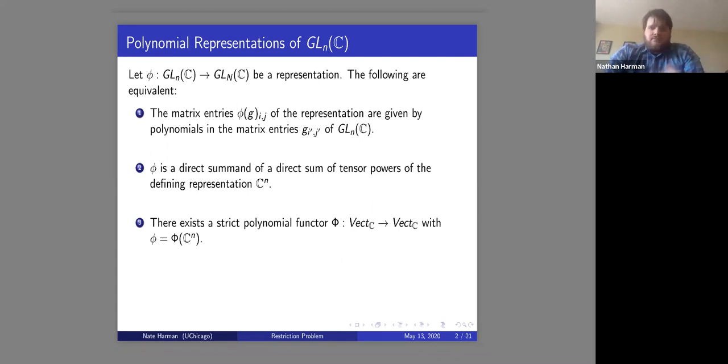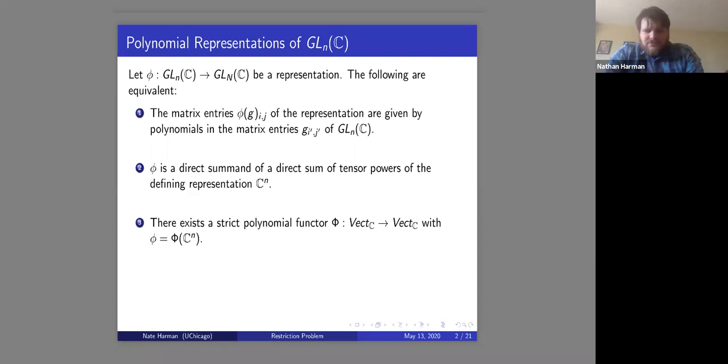This is a nice property of polynomial representations, that as we vary the n in GLN, they're uniformly controlled by some larger category of polynomial functors that really restricts to these representations for each n separately.